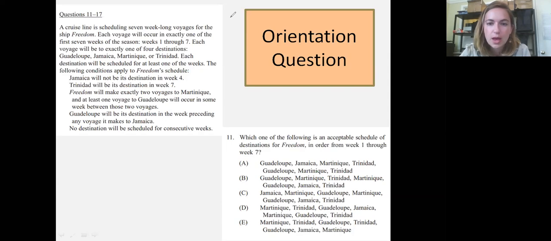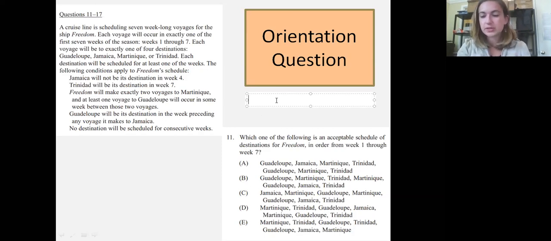Okay. So I've got 4 responses in, and I see several different responses from the folks who have put in their results. So let's talk strategy on a question like this. I called this question an orientation question. The reason for that is the LSAT has a lot of patterns in logic games.